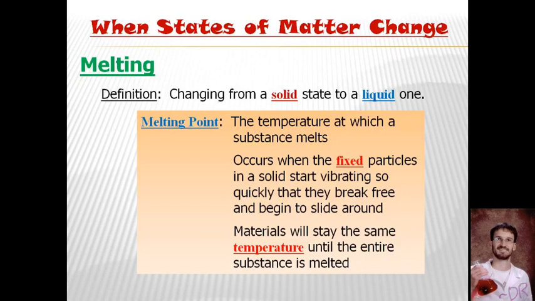Now, what's interesting is that materials will stay the same temperature until the entire thing is melted. So if I have water and I put it in the freezer and set the freezer to like negative 15 degrees Celsius, and I put a thermometer in, that water will start to freeze and start to freeze.